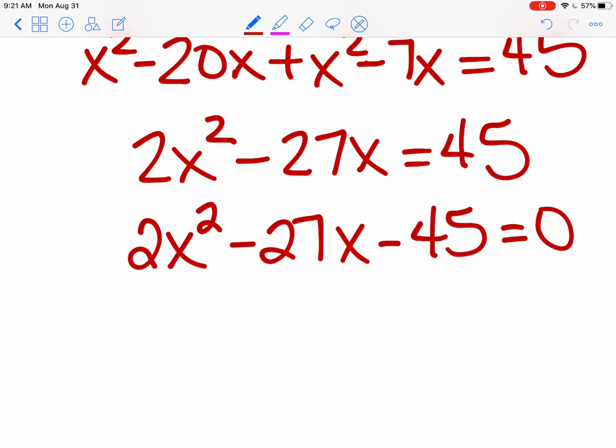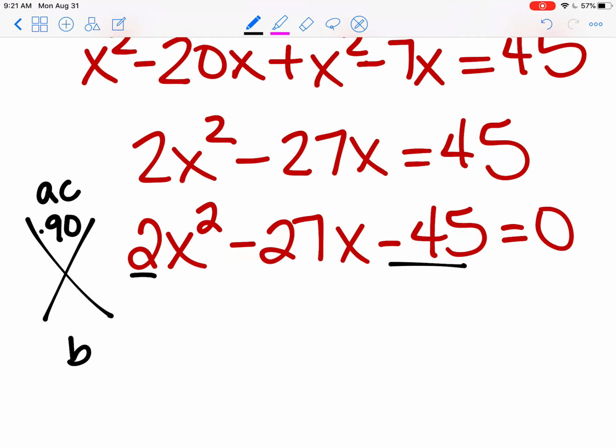Okay, let's go over here. I'm going to make an x, and we can say our AC and our B. Our A and our C gives us negative 90. Our B right here gives us negative 27. And so what's a factor pair of negative 90 that's going to add up to negative 27? So we want one negative, one positive. Our bigger number has to be negative.